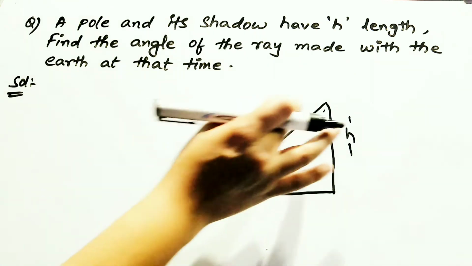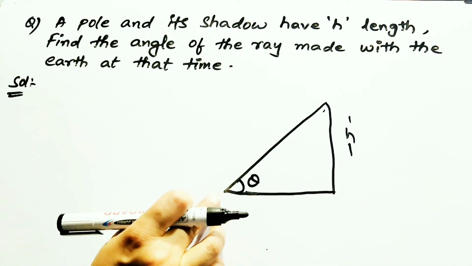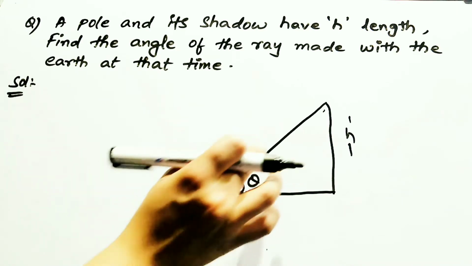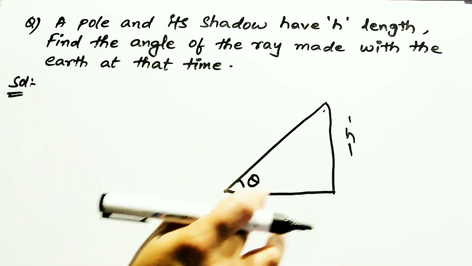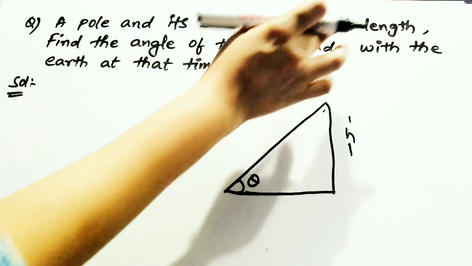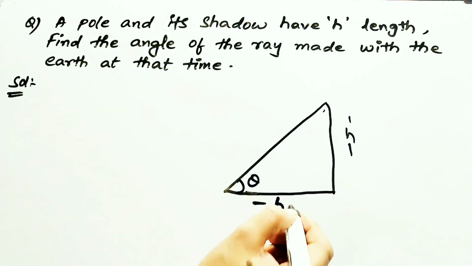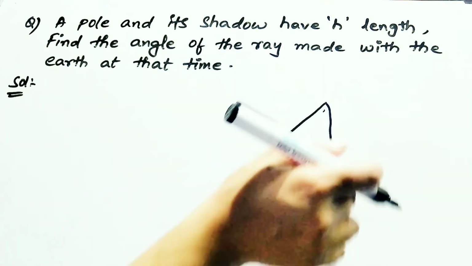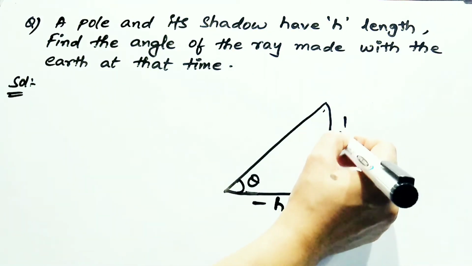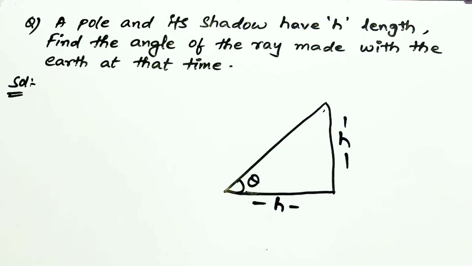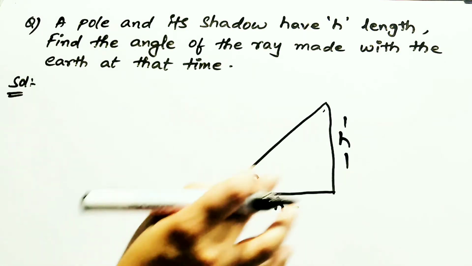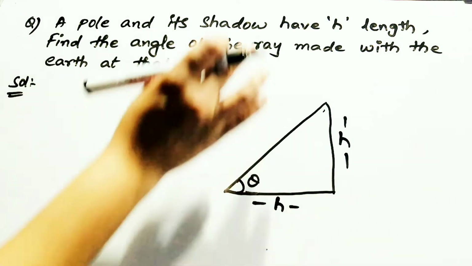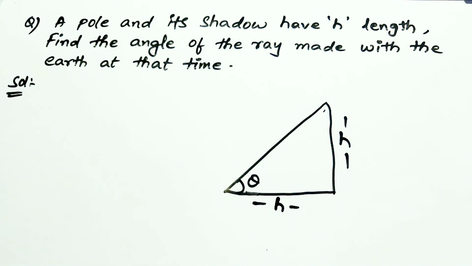The shadow is falling on the earth at the angle theta, and the length of the shadow and the pole will be h, meaning that is your distance. This will be the height of the pole. We are taking the height of the pole as h, and the distance between the shadow and the pole will have length h.